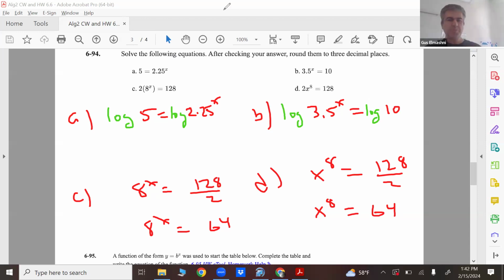Remember, the X rolls to the front if you have a log. If X is an exponent and you have a log of that, it rolls to the front.